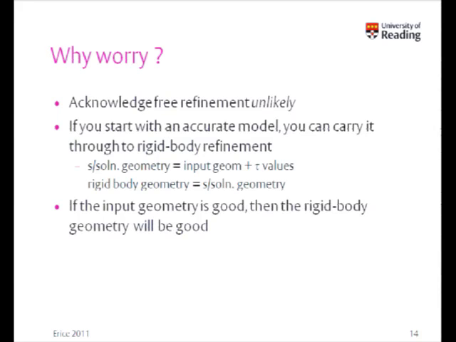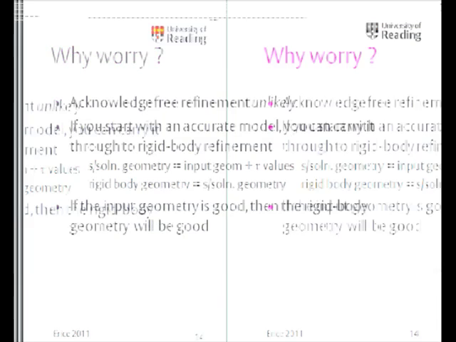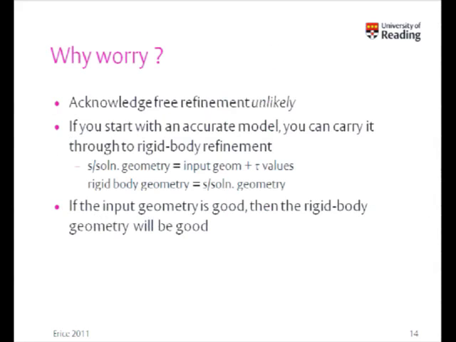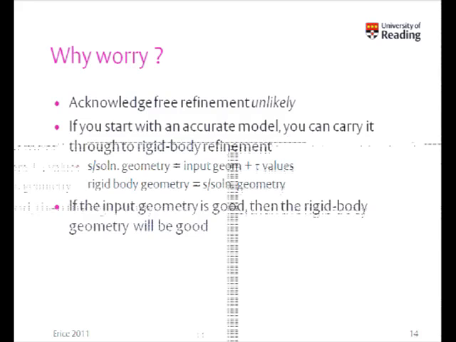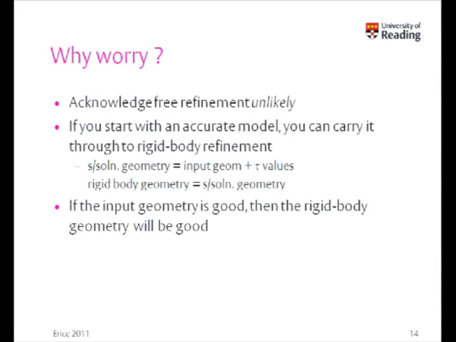So if we acknowledge that, then we know that we're going to have some sort of restraint or rigid body to guide our refinement. And so I would argue that there's a lot of sense in, if you're going to be doing global optimization, starting with an accurate description of your molecule, and then carrying that through, because that starting model will permeate through the structure solution geometry as the input geometry that you get, plus whichever torsion angle values are input by the global optimization procedure.